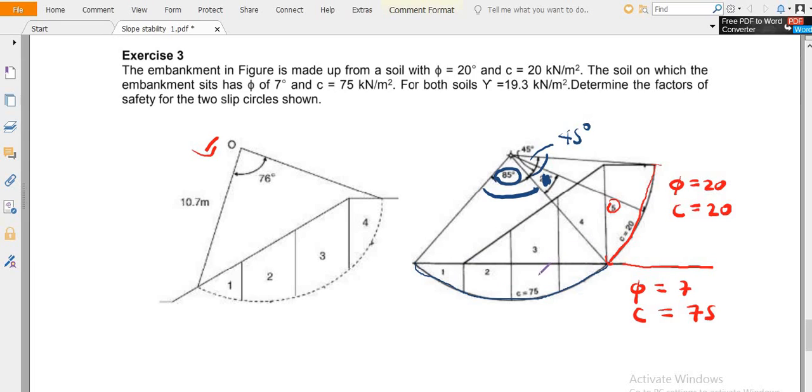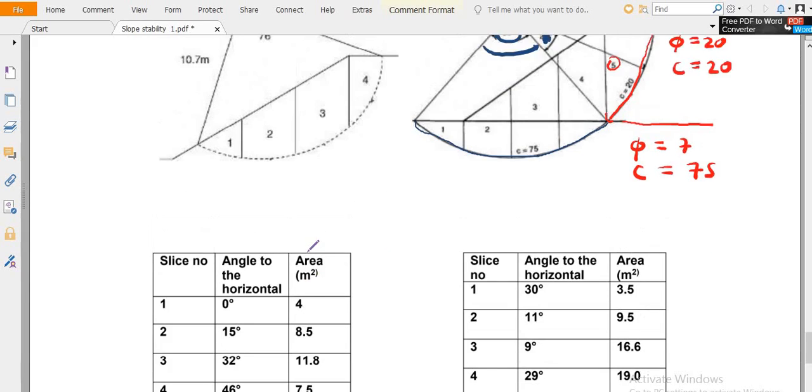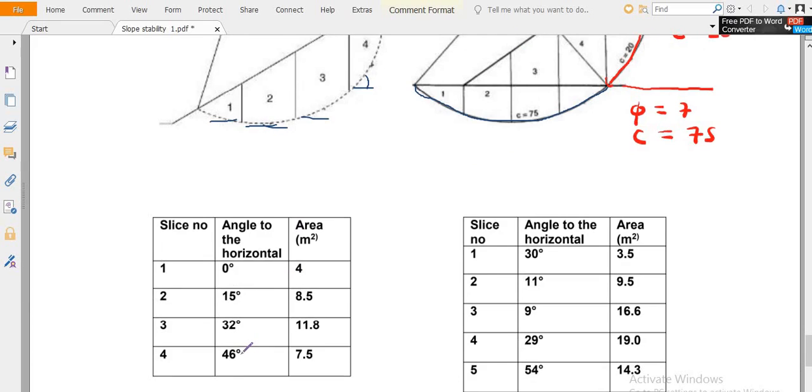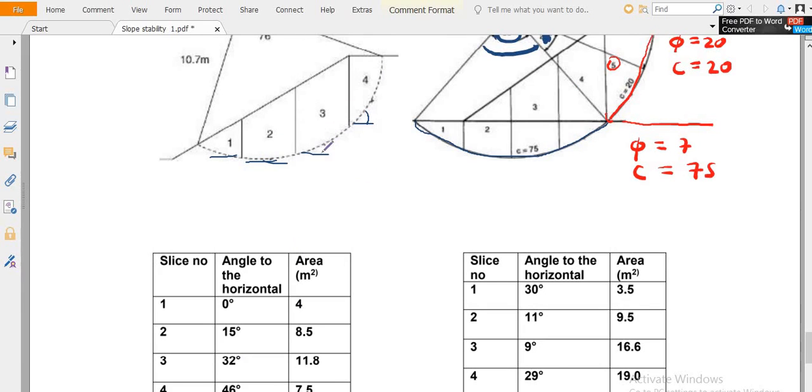That is one thing. The other important thing is the angle. This we haven't encountered in the first one. If we look at the first example, the angles to the horizontal are reducing, starting from 64, 46, 32, 15, and then even though it is not clearly shown in this diagram, 0.